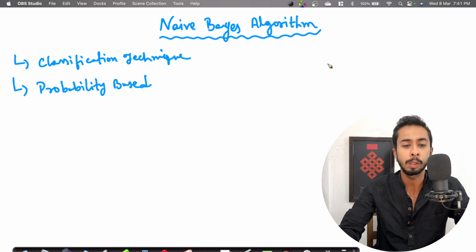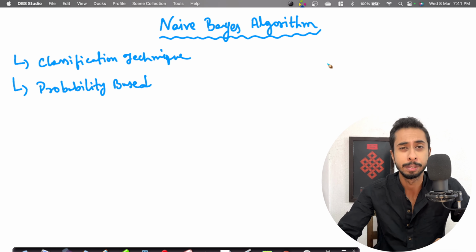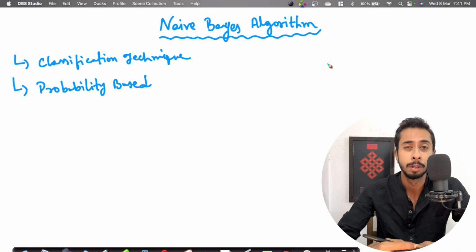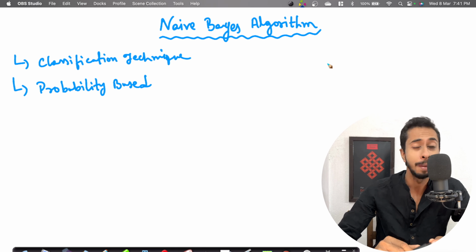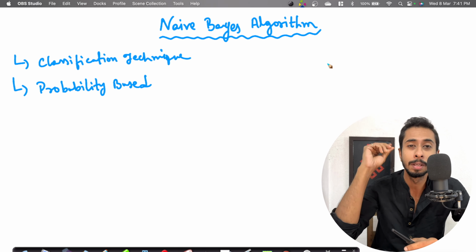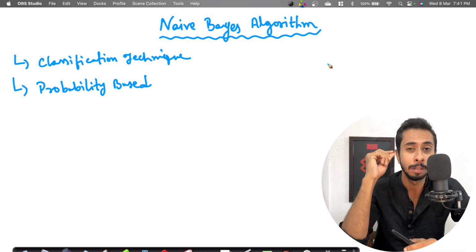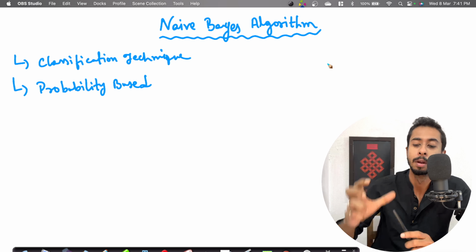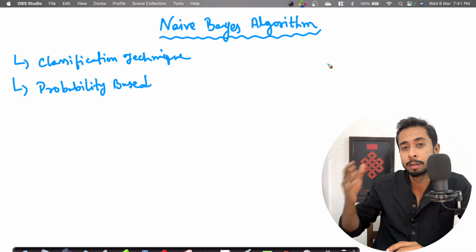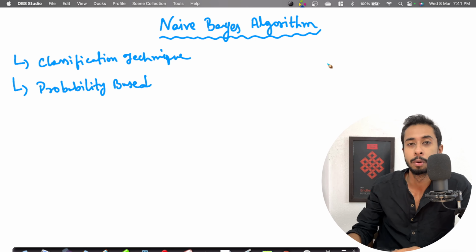So in naive Bayes, what do the terms actually mean? Bayes means it will be using the Bayes theorem of statistics or probability. And naive means there is a simplistic assumption of the Bayes theorem.